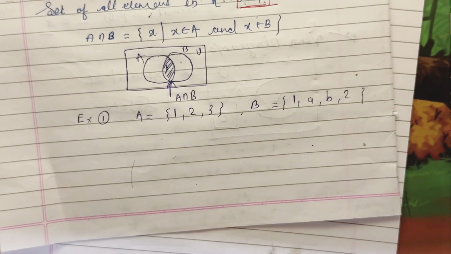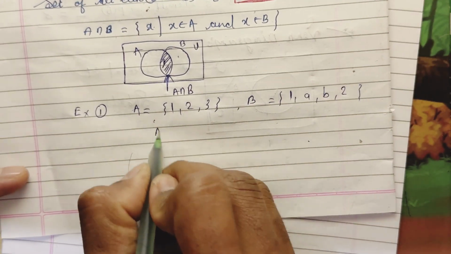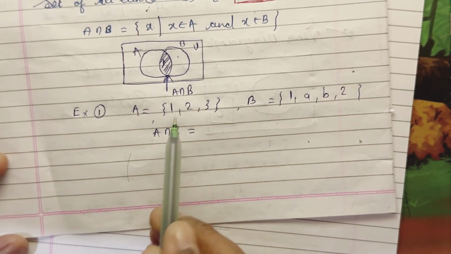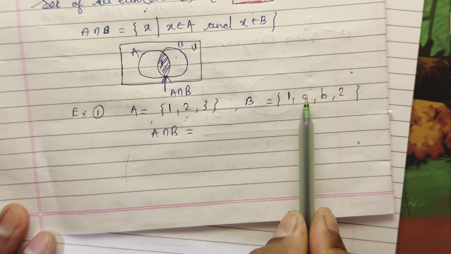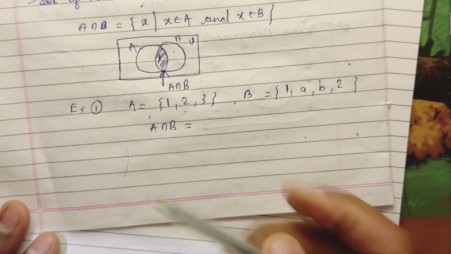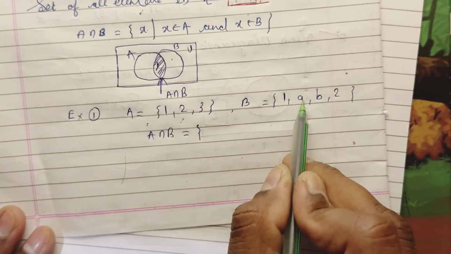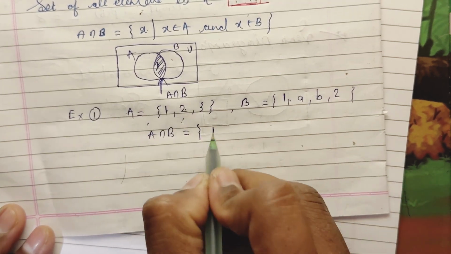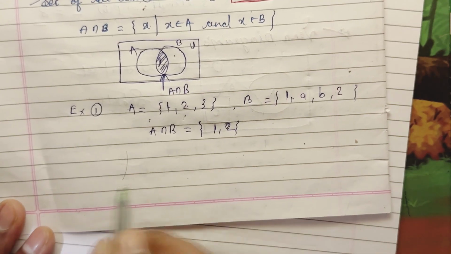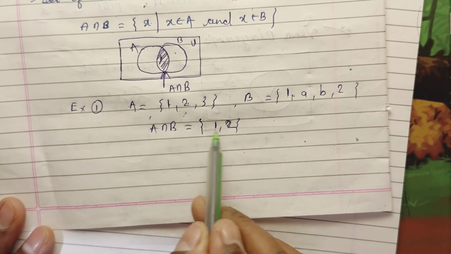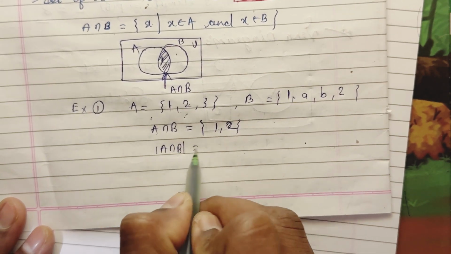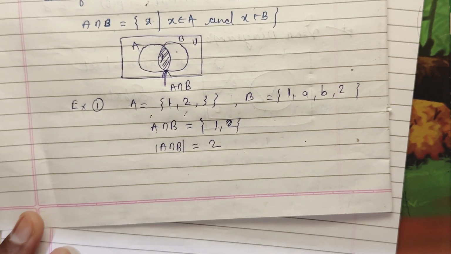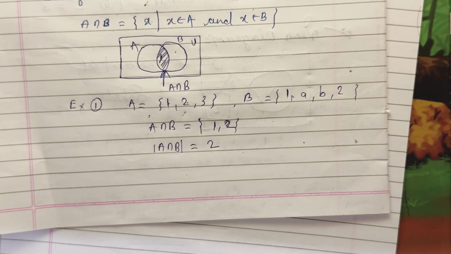A intersection B means the elements present in both A and B. What elements are present in both? 1 and 2. So the common elements are 1 and 2, so their intersection is {1, 2} only, and the cardinality of A intersection B is equal to 2, that means the number of elements present here. So this is the intersection.